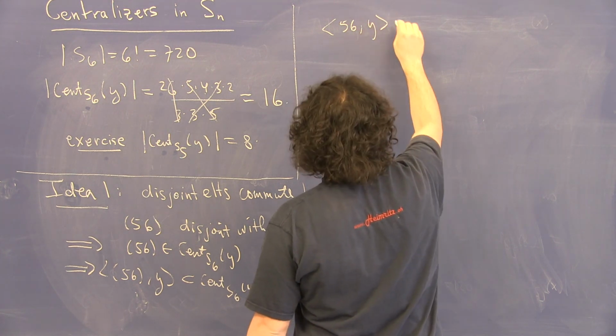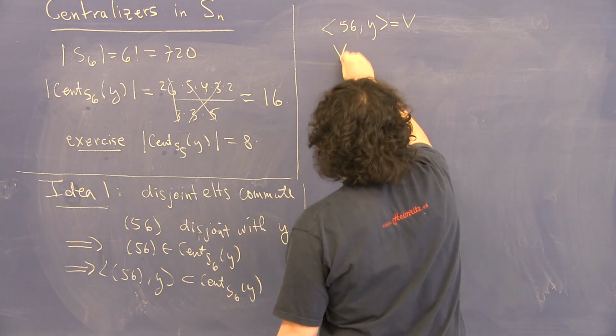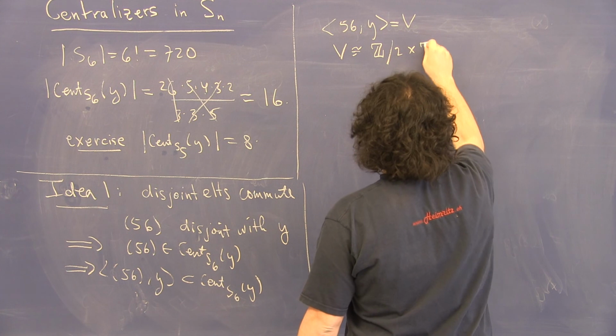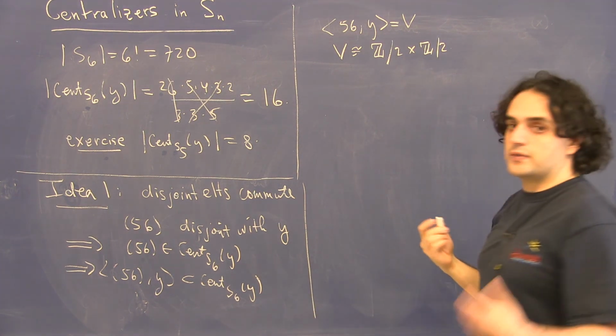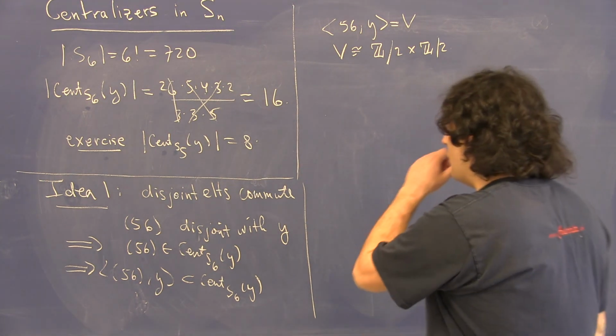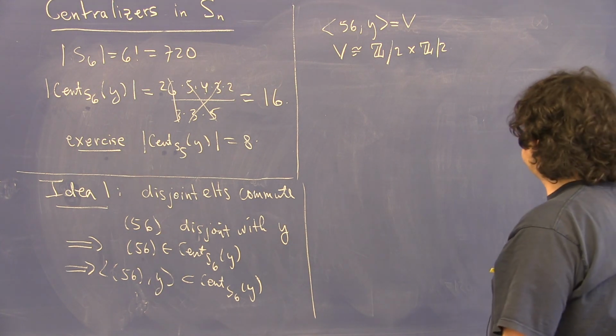Let's give this group that we found a name. Let's call it V. And V is isomorphic to Z mod 2 times Z mod 2. It's an abelian group of order 4 that is not cyclic. We need 16 elements.